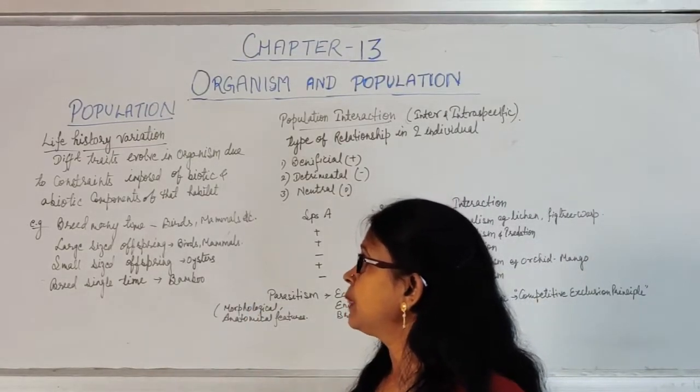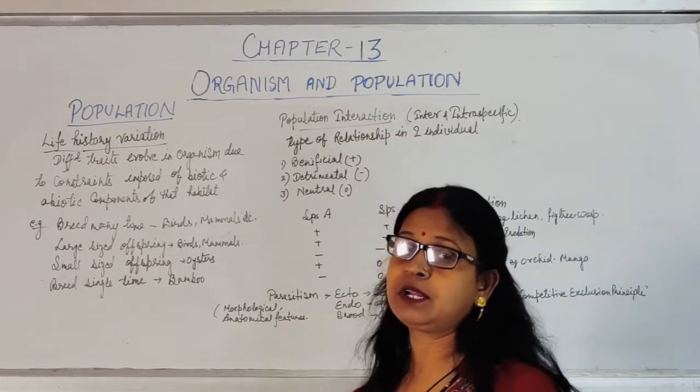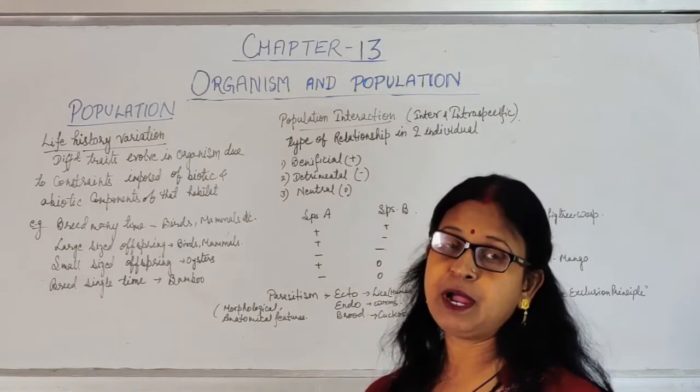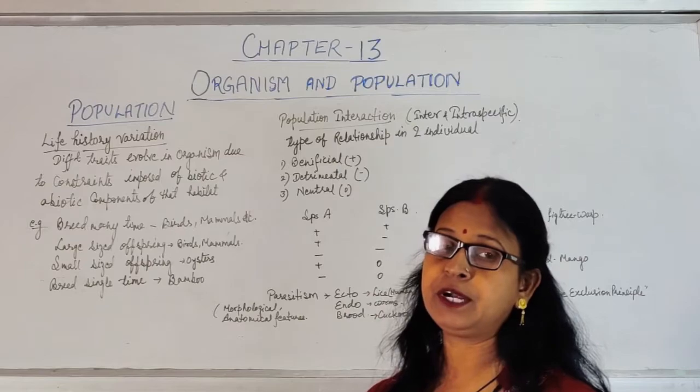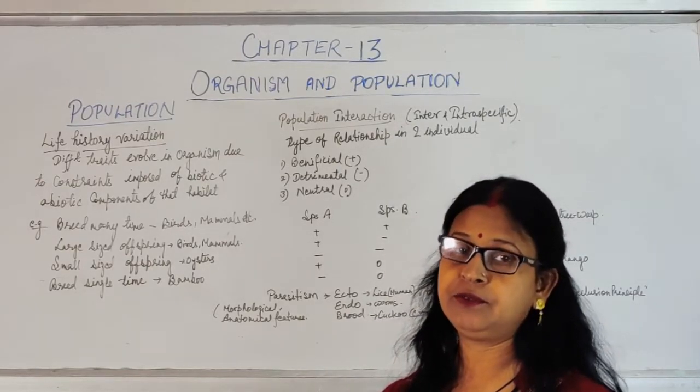So these are variations which evolved in the organism due to the constraints imposed by the biotic and abiotic components of the particular habitat where the organism or population lives.